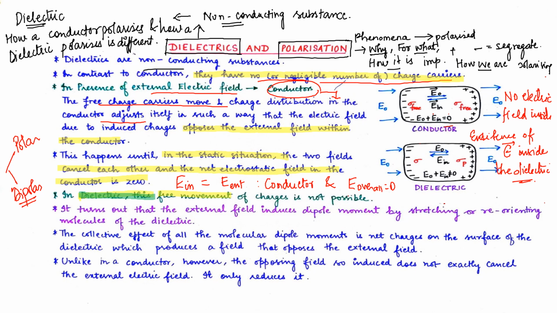It turns out that the external field induces a dipole moment by stretching or reorienting the molecules of the dielectric. Dielectrics are composed of molecules, and these molecules get stretched. This is one molecule, with both plus and minus here. Now we provide an electric field, and this will get a little stretched.